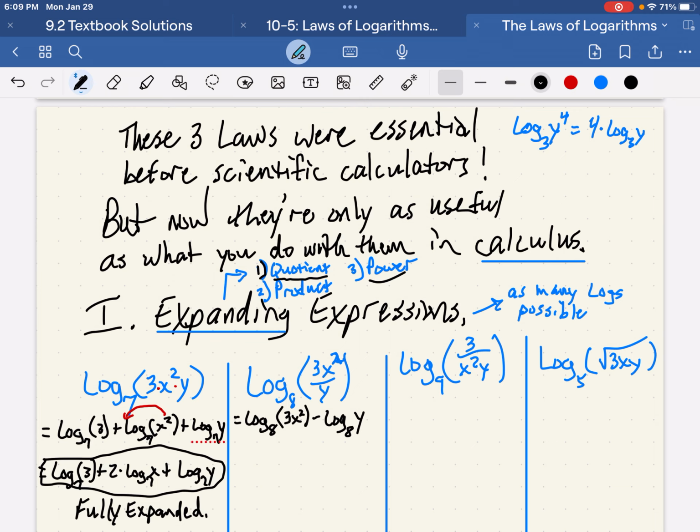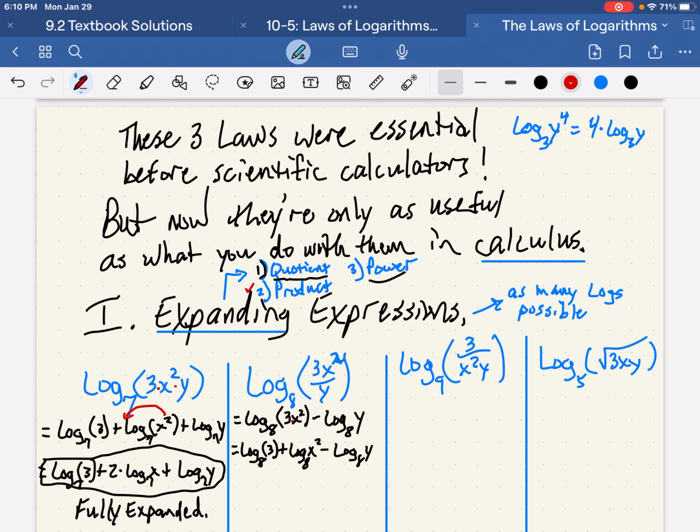But can't I use the product rule, secondly, on this 3 times x squared? So now we can break that apart as log base 8 of 3 plus log base 8 of x squared minus log base 8 of y.